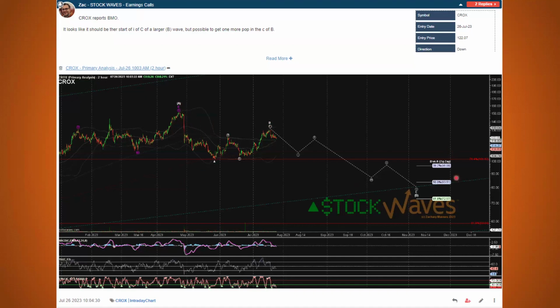So the larger degree, we were looking for a bigger ABC move down for this parentheses B wave into fib support, and we're projecting a move down as a 5-wave C wave into that support zone. But heading into earnings, we had a move that easily counted as all of that C of B and a little start to that wave 1.